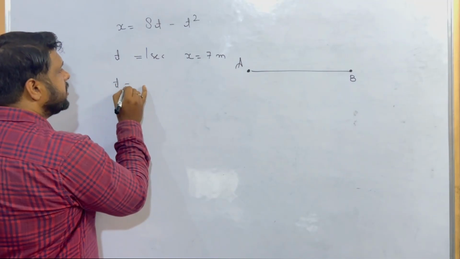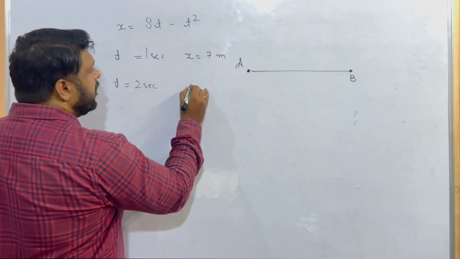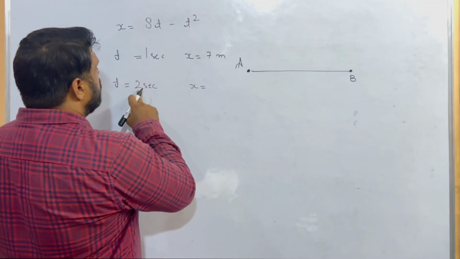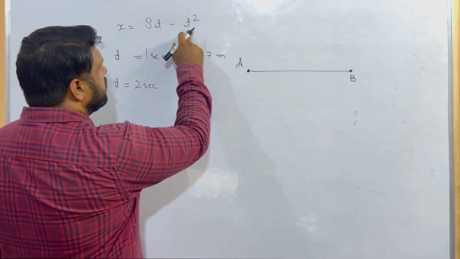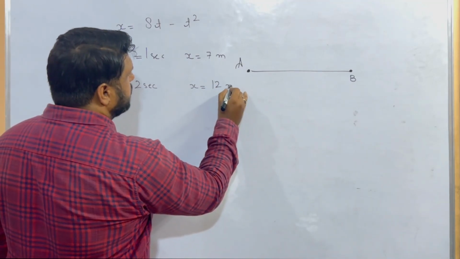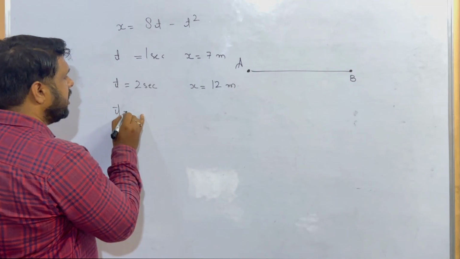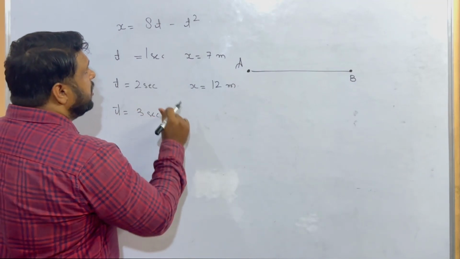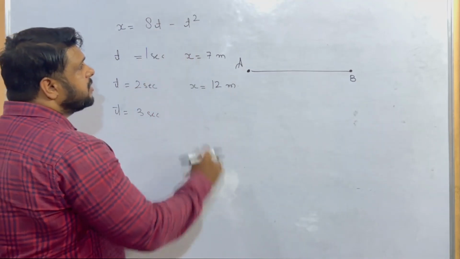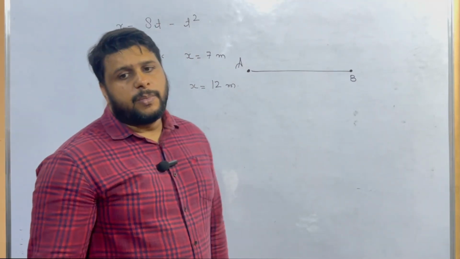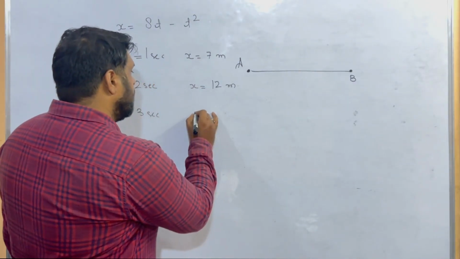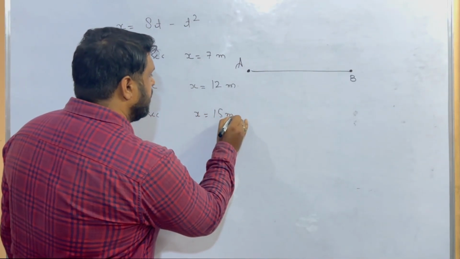And at t is equal to 2 seconds, 8 into 2, 16, 16 minus 4, 12 meter. And at t is equal to 3 seconds, 8 into 3, 24, 24 minus 9, so x is equal to 15 meter.